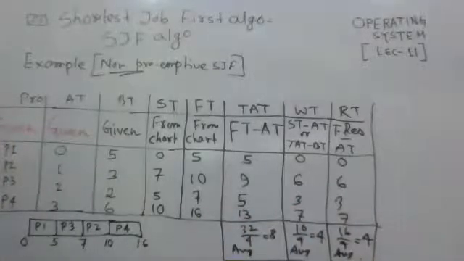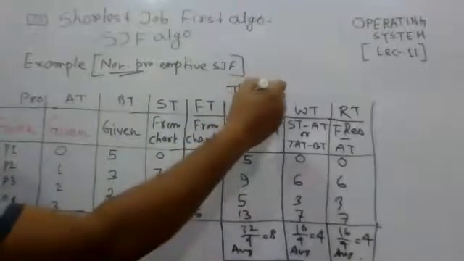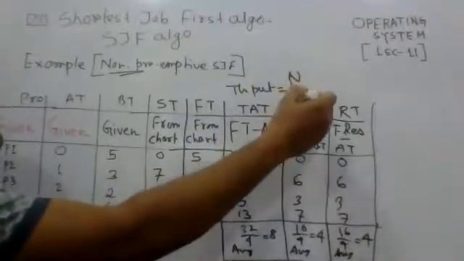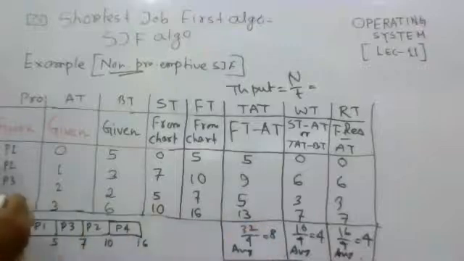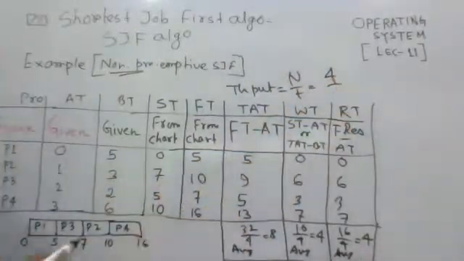Now for throughput, we know that throughput is the total number of processes executed per unit time. So here the total number of processes is 4, divided by the total time.